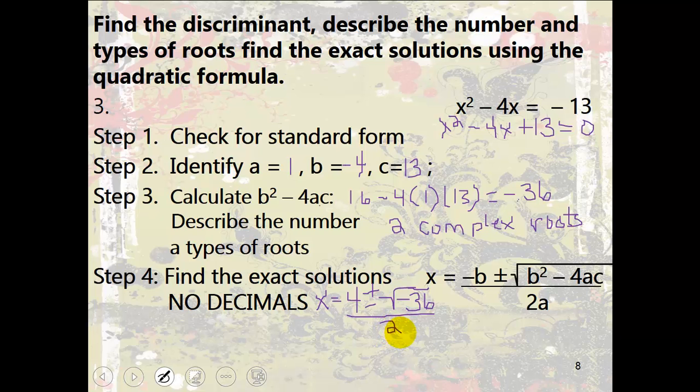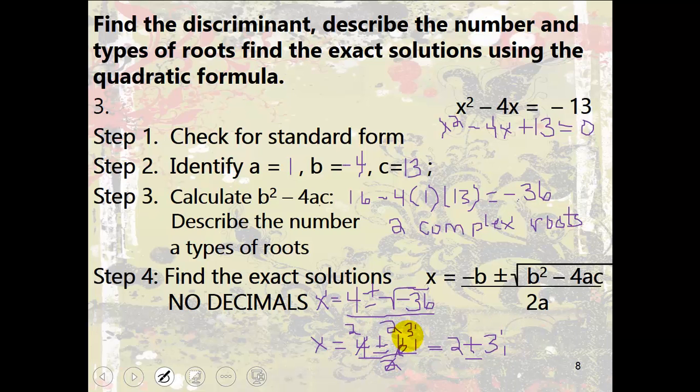The square root of negative 36, the negative is going to come out as an i, and the square root of 36 is 6. So I get x equals 4 plus or minus 6i over 2. The 2 goes evenly into each of those terms, so I get 2 plus or minus 3i, because the 2 cancels into each of them.